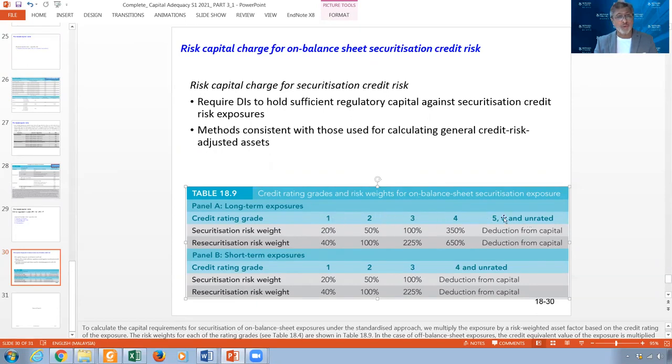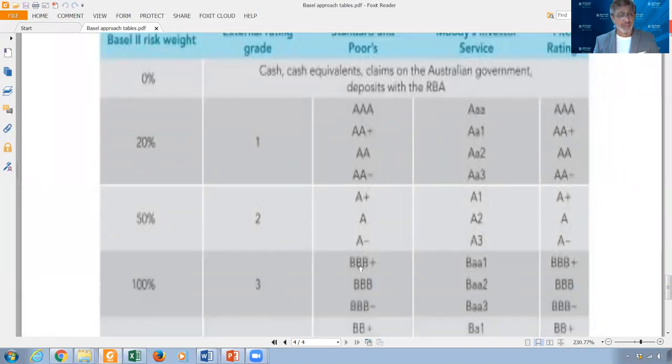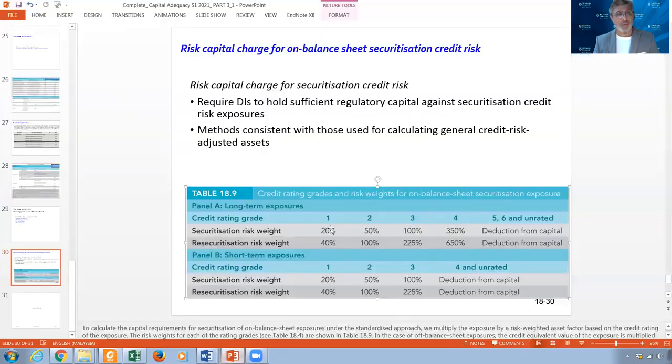These numbers come from Table 5: 1 means AAA, 2 means A plus, 3 means BB, and so on. They don't talk about the rating, they just give you the numbers, which reflect the rating.